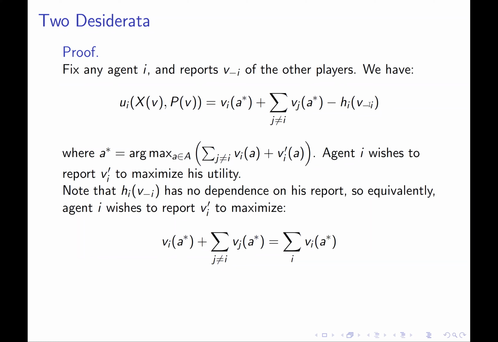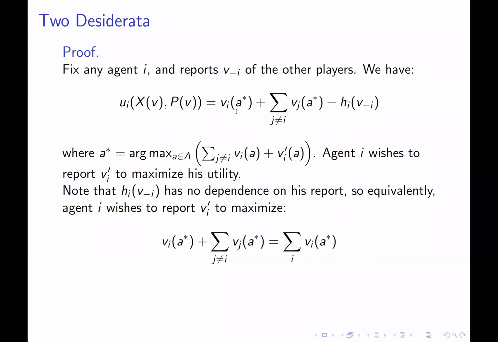And so choosing the report to maximize this whole thing is equivalent to choosing the report that maximizes just the part of player i's utility function that they have control over, right? Just the part that depends on the alternative chosen by the mechanism, A star, which is chosen as a function of their report.